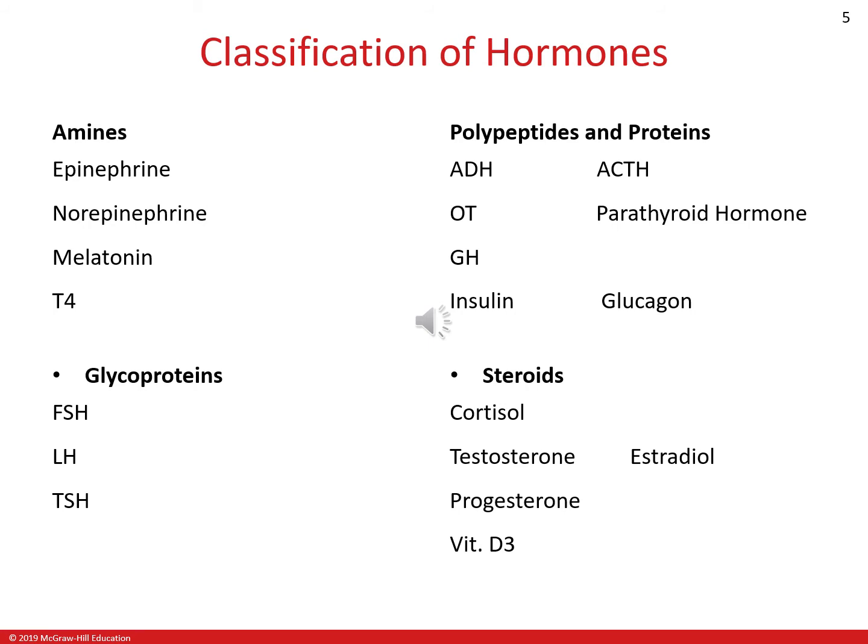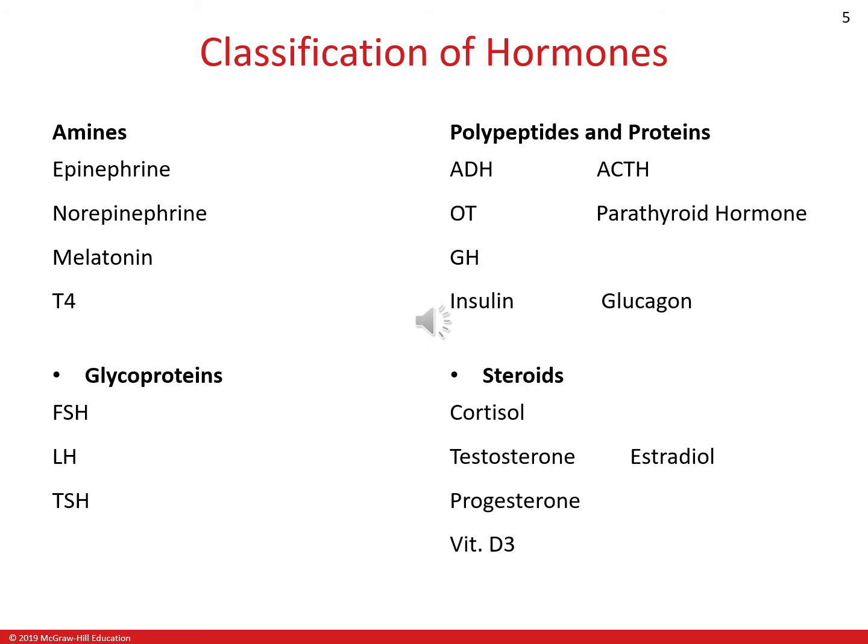The second group is called polypeptides and proteins. Samples, not all of them, are ADH, antidiuretic hormone, OT, oxytocin, GH, growth hormone, ACTH, adrenocorticotropic hormone, parathyroid hormone, insulin, and glucagon, which are the most remarkable samples of polypeptides and proteins.